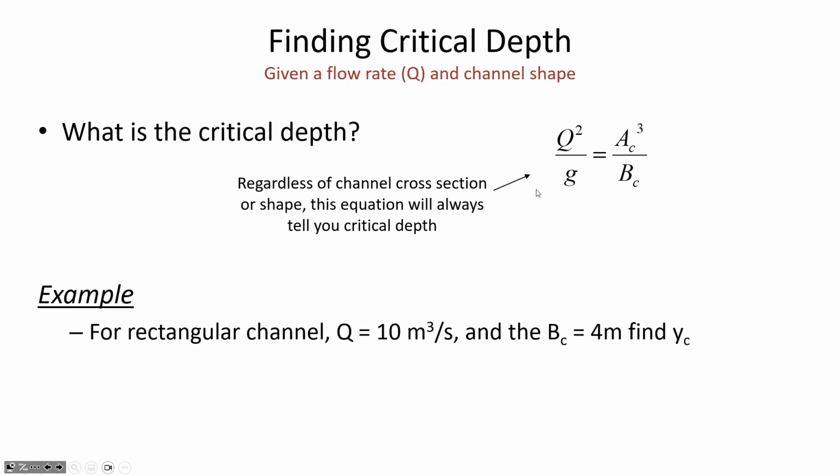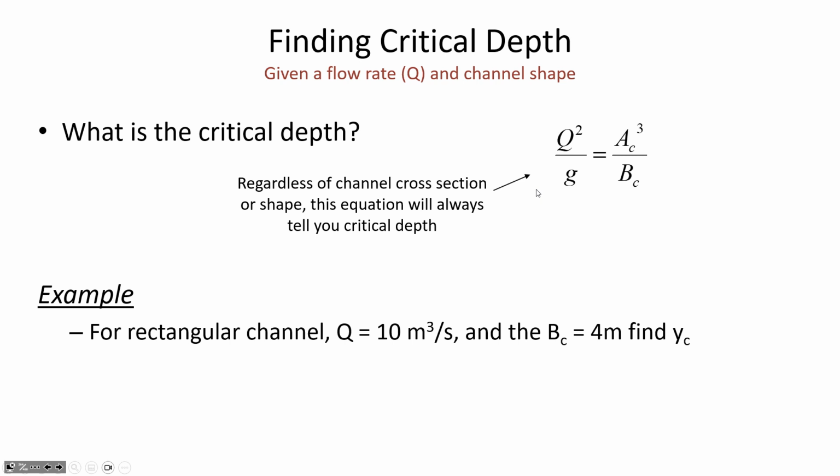So just an example of how we could use it: if we had a rectangular channel with a width of 4 meters and we're taking 10 cubic meters per second through here, so Q is 10 cubic meters per second. If we want to find the critical depth, then Q squared divided by g is equal to A at critical depth cubed divided by B under critical conditions.